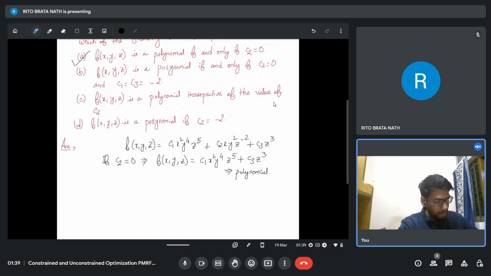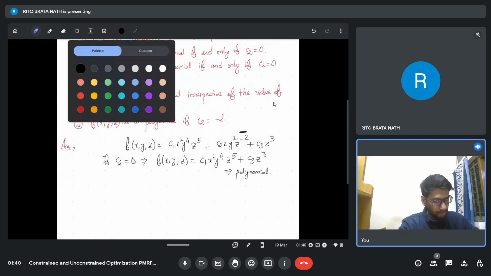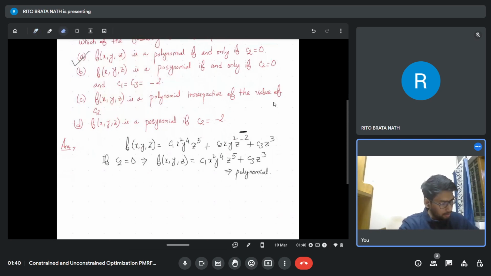But you can notice that this term has a negative exponent, which is minus 2, right? Z to the power minus 2. So if c2 is non-zero, this will not be a polynomial, but it might be something else, depending on the values of the coefficients. So option C is also not true.